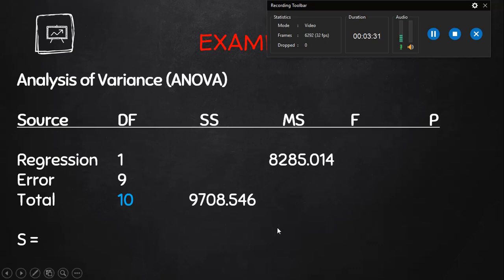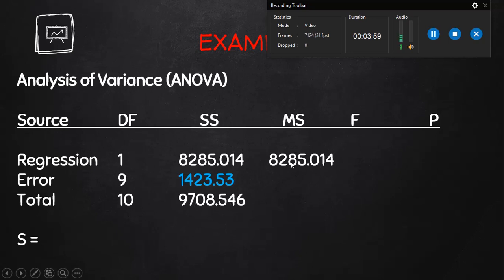Based on the information I have, they provided the mean square for the regression. What I'm going to do is multiply 8285 times 1 to get the sum of the squares. Now that I know this value, I'll take my total sum of squares and subtract off the 8285 so that I can get the sum of squares for the error.